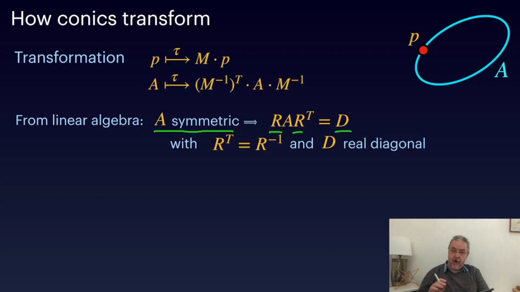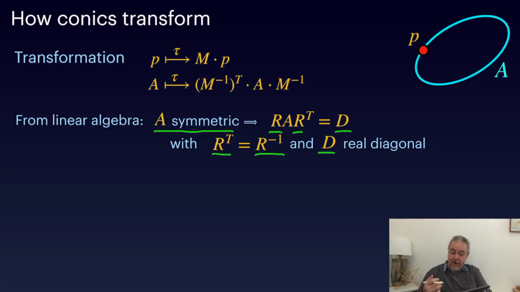This matrix is an orthogonal matrix, meaning that its transpose is its inverse, and so A and D are similar, and in addition you can make sure that the matrix D has only real entries.